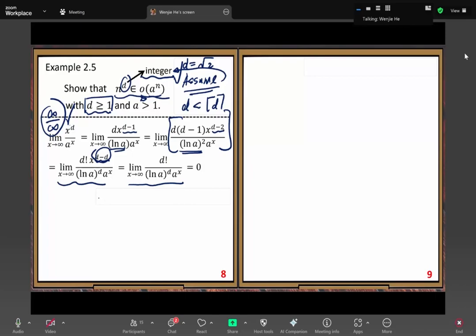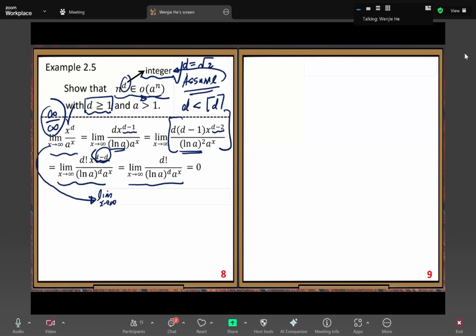Let us write the limit, x to the infinity, of x to the d over a to the x. Let me just save one copy. The original form I do not need to copy. Now I write the decomposition step.